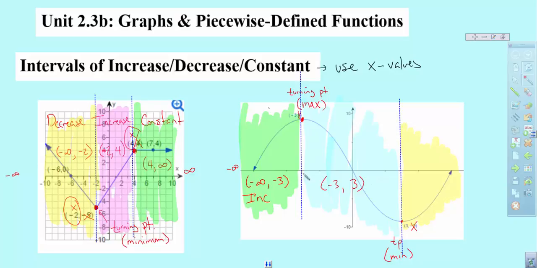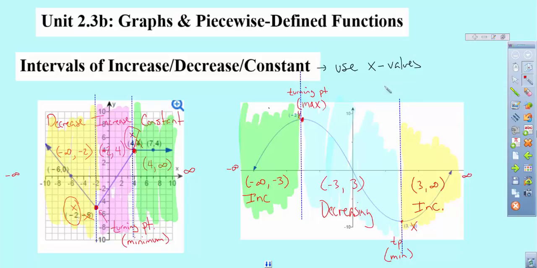Negative 3 is that landmark, positive 3 is that landmark. I am decreasing. Then I turn the corner, and from positive 3 to infinity, I am increasing.